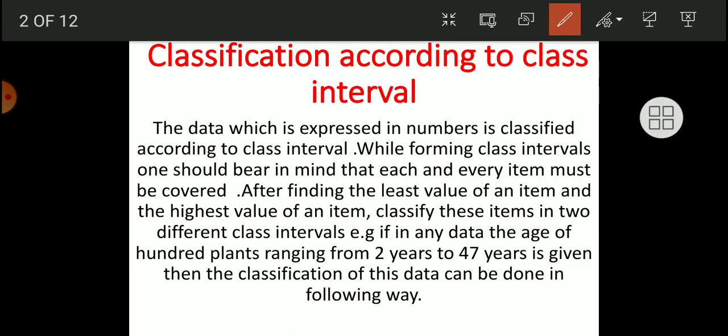Now, while forming class intervals, one should bear in mind that each and every atom must be covered. Students, keep in mind, atom is nothing but the observation, that is, each and every collected member of the total group or data, which is to be covered and given importance.